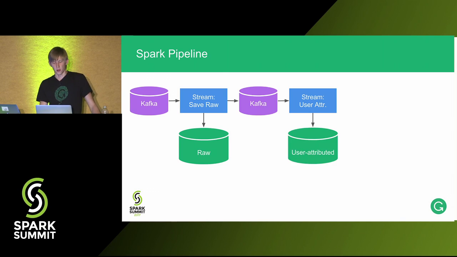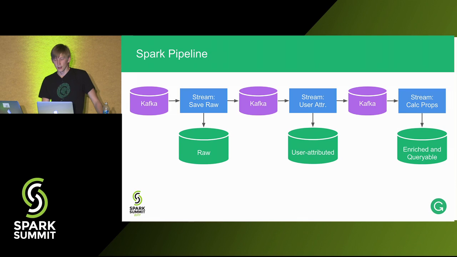And for long-term use, we also write it to some long-term storage, which is now, in our case, one more Cassandra table. And similarly, we would do the third transformation by sending those user attribute events to one more Kafka and reading it from there to perform enrichment with calculable properties and eventually write it to some queryable index.